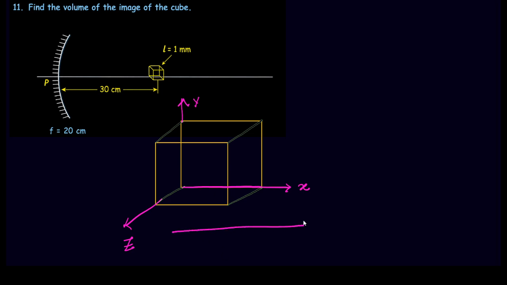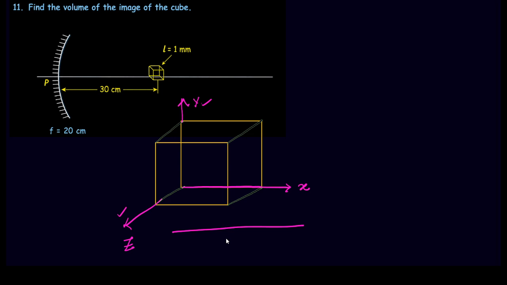Now you tell me, the y and z dimensions with respect to the principal axis, parallel or perpendicular? Perpendicular. So that means the dimension which is perpendicular to the principal axis is magnified by m times.